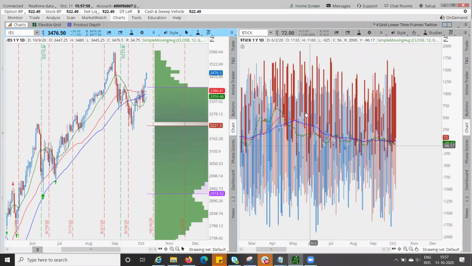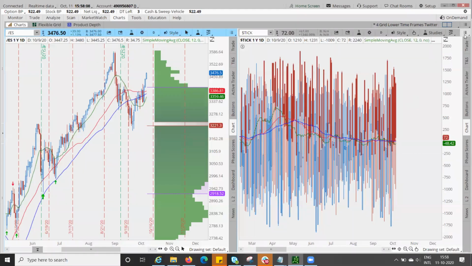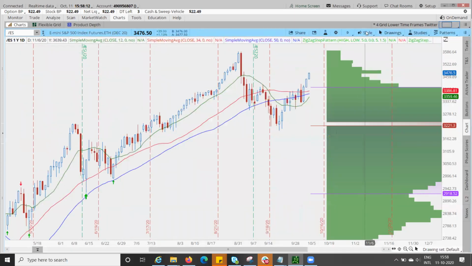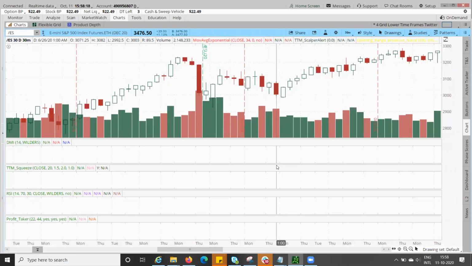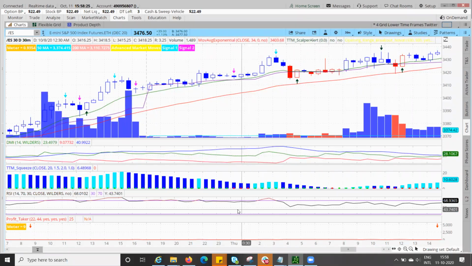Now coming to the actual trades. So this is what we have talked about, scalping. Let me go to the normal trade. I have made my styles, so I use this one for my S&P trades.